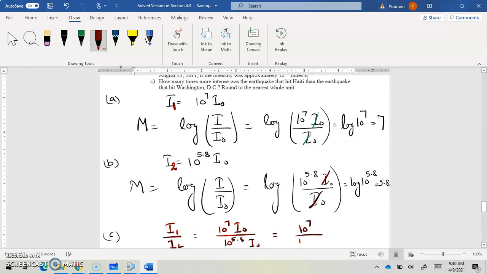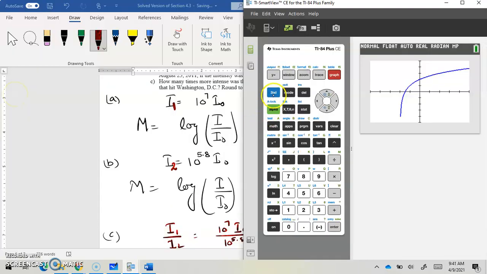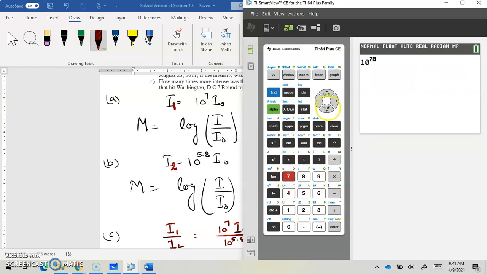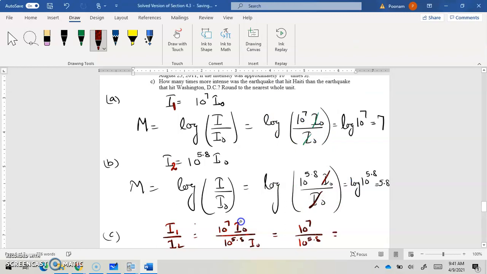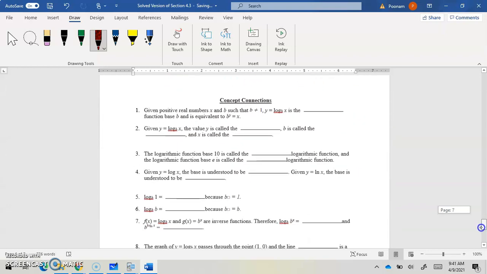So 10 raised to the power 7 divided by 10 raised to the power 5.8. We can use the calculator. This is 15.84. So 15.8 times more intense than the Washington DC earthquake. That finishes our chapter.